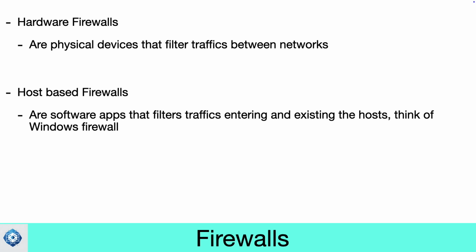So hardware firewalls, like we just looked at, are physical devices that filter the traffic between networks, whereas host-based or software firewalls are software apps that filter traffic entering and exiting specific hosts, such as that Windows firewall. So your Windows firewall is really just protecting your PC and nothing else on the network, whereas a hardware firewall would be protecting the entire network as a whole.